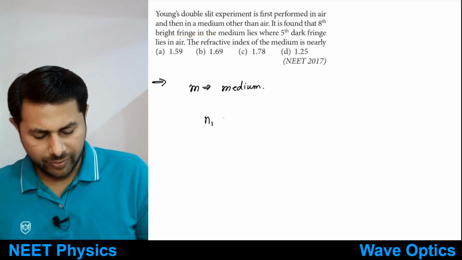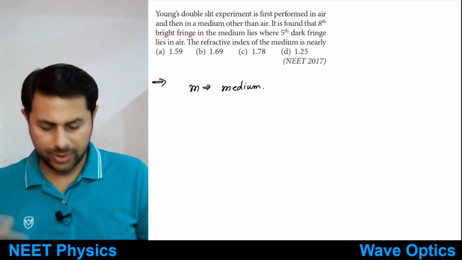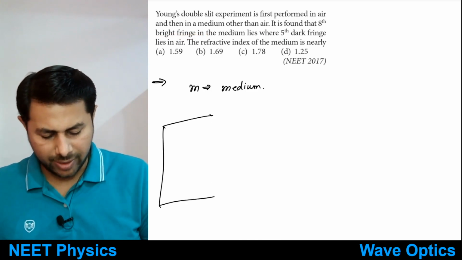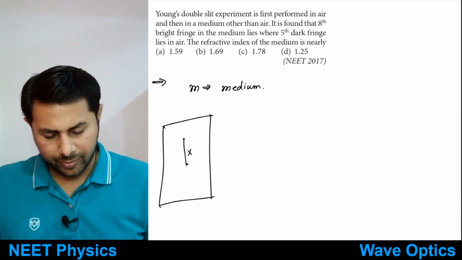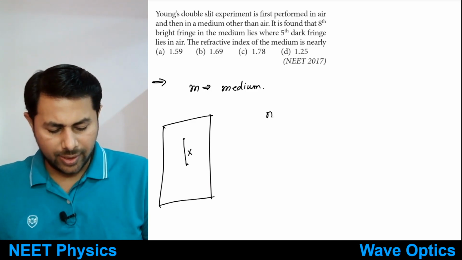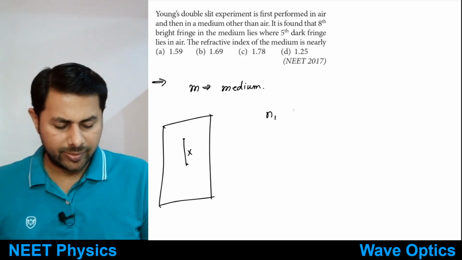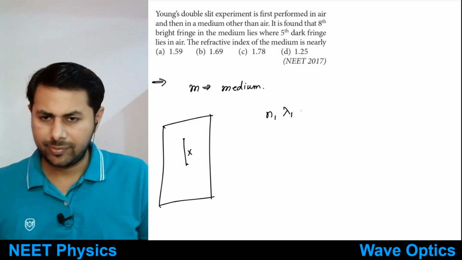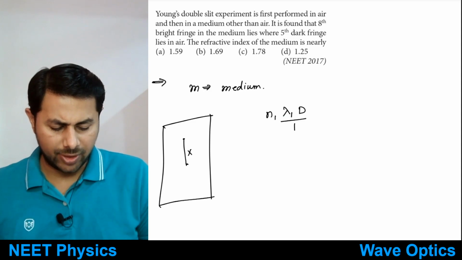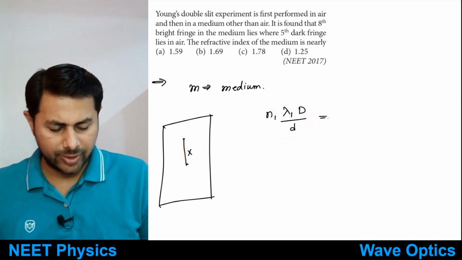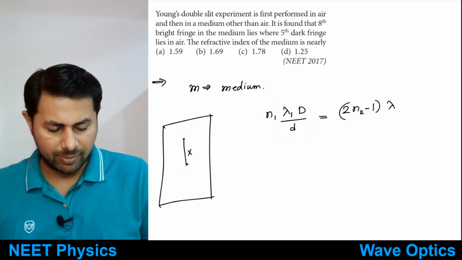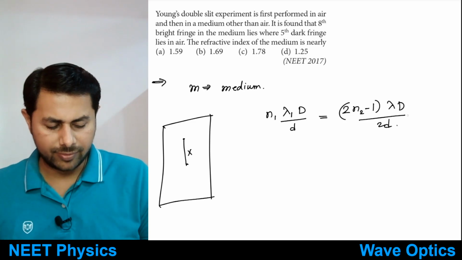The distance of that point from the center would be equal in both cases, right? So N1 bright fringes means N1 times lambda 1 times capital D by small d. This is the formula for distance. So this must be equal to (2 n2 minus 1) lambda capital D by 2d.